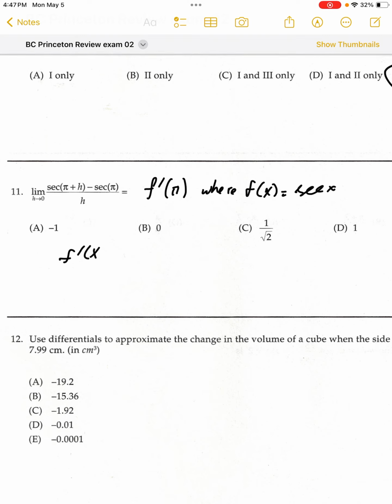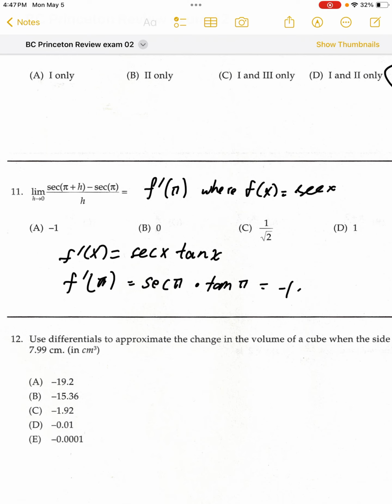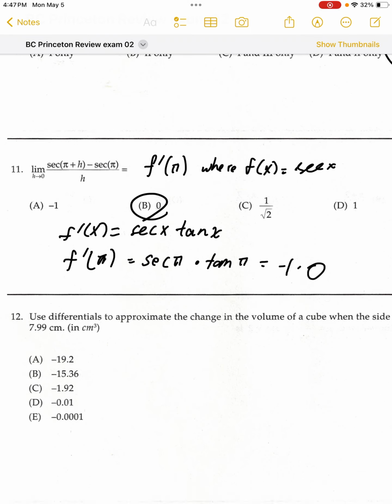So f prime of x equals secant x tangent x. So f prime of pi equals secant pi times tangent pi, which is negative 1 times tangent of pi, which is sine of pi over cosine of pi, that's 0. So the limit is equal to 0.